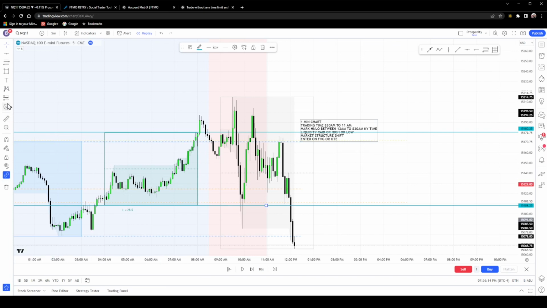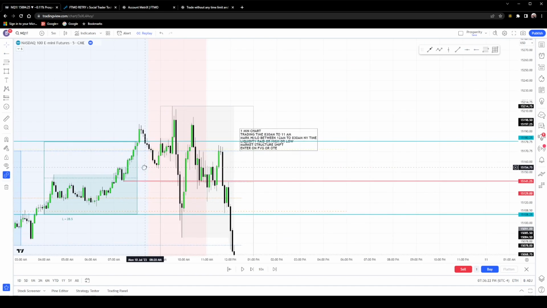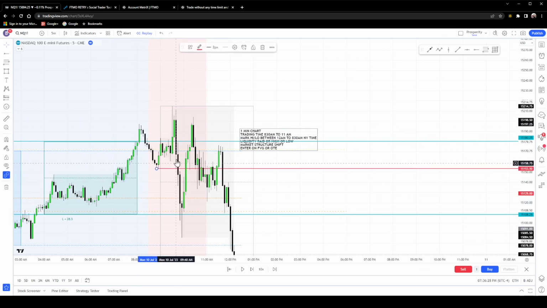But for this to be valid, you would need this low to be ultimately broken, right? But then we have another liquidity that got taken out, which was this high. So then you need this low to be broken, which it does, right?